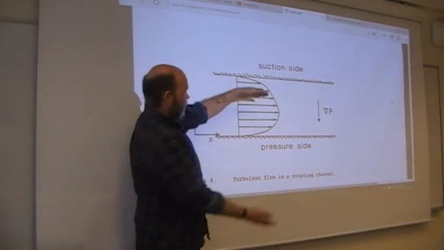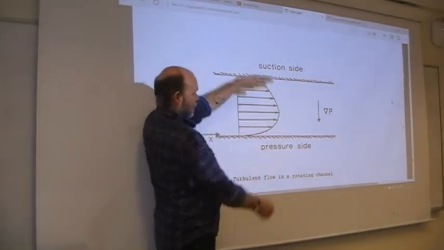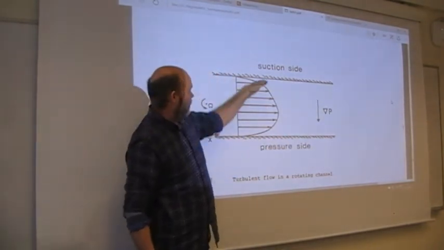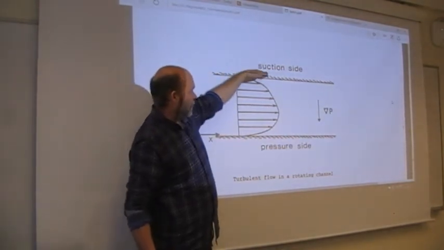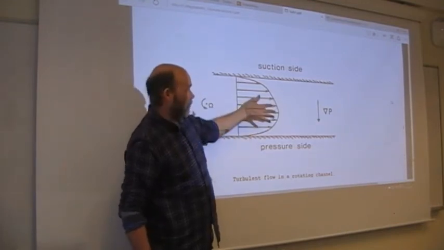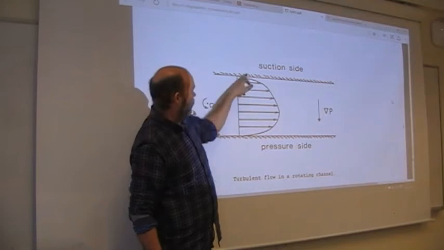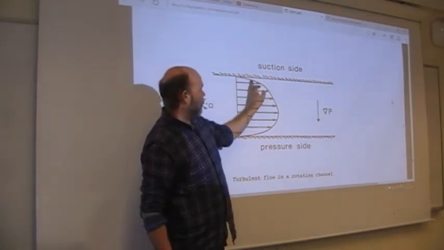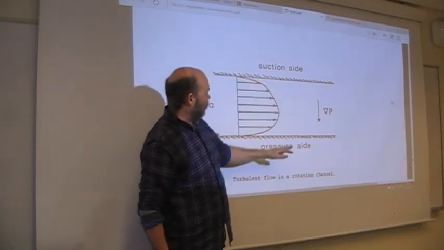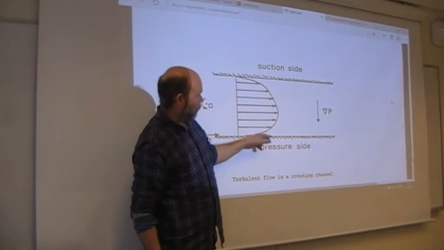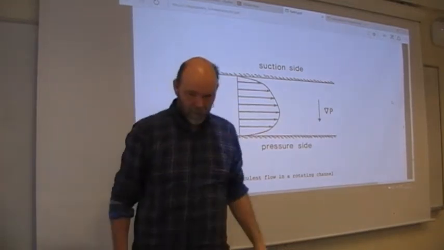So when you start to move this channel, of course, high pressure here, and then low pressure on the other side. Hence, this drawing is wrong. It should be flipped. So on the suction side, you will have low pressure. You should have a more laminar-like profile. And on the pressure side, a more turbulent-like profile.